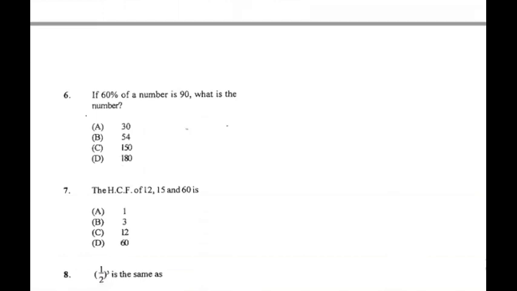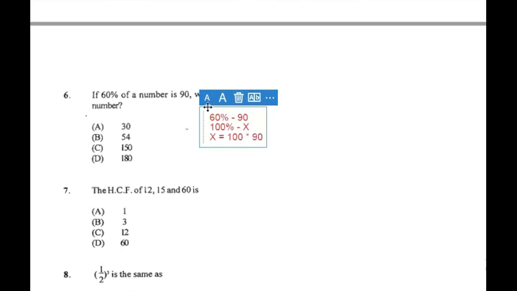Number 6, if 60% of a number is 90, what is the number? So 60% of a number is 90, and we're looking for the number, so we're looking for what is 100%. So we cross multiply to make x the subject. So x is equal to 100 multiplied by 90, and all of that is divided by 60.